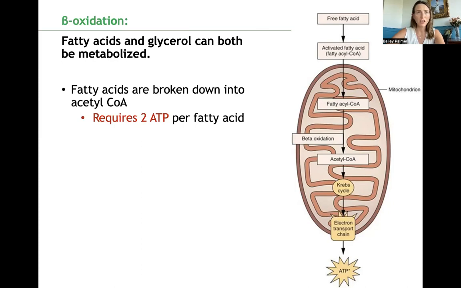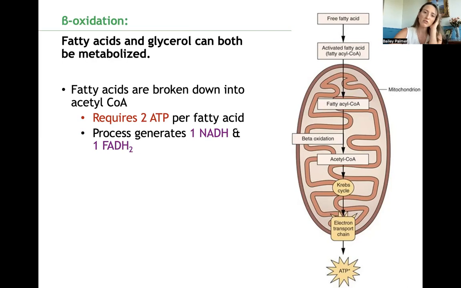This is what happens when we start with glucose or glycogen. We have to invest ATP into glycolysis in order to make ATP. Same process here, we are starting the system with our 2 ATP. So we've lost 2, we've invested 2. But this small process here will generate 1 NADH and 1 FADH. We can take those hydrogen electron carriers and use them in the electron transport chain to make more ATP.